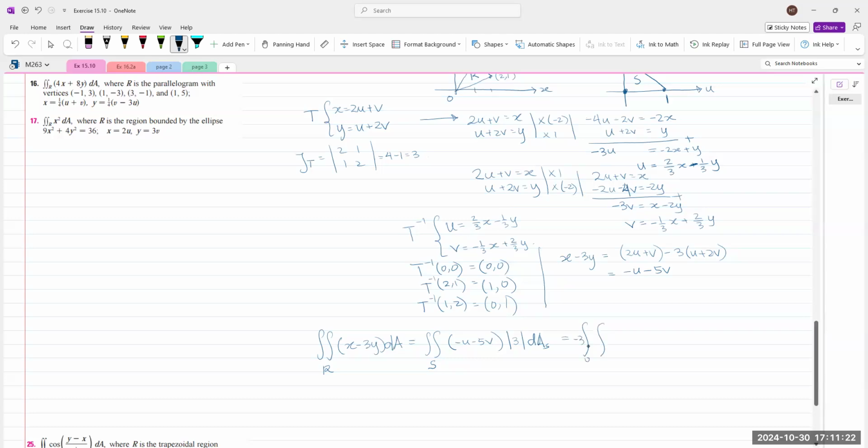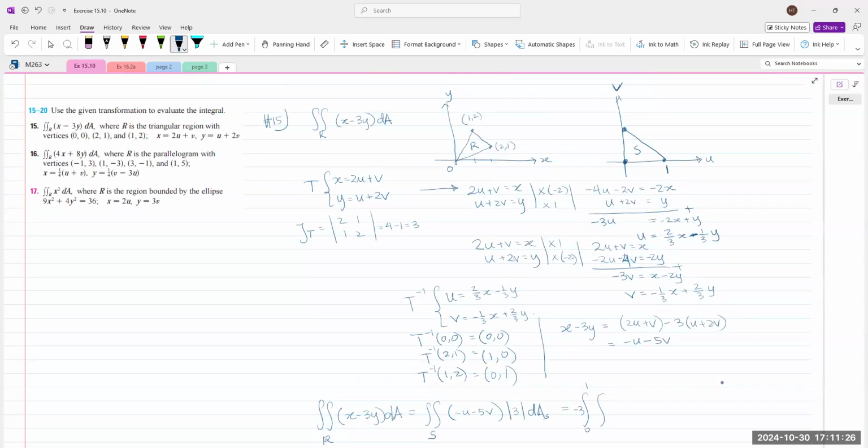The u will be from 0 to 1, and then the v, as you see in the picture there, the v will be from 0 to 1 minus u, of u plus 5v dv du. And then you integrate from there.